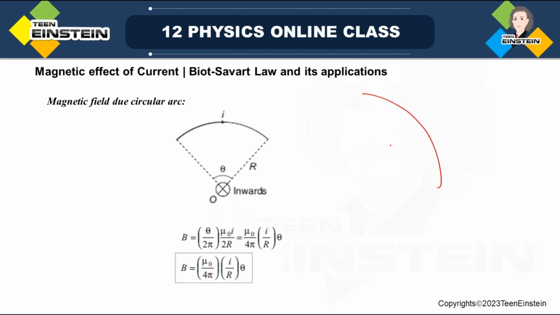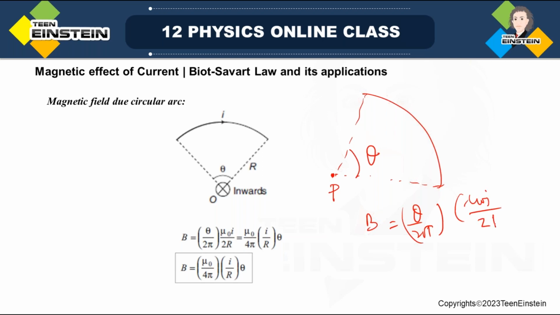Suppose I have a curve like this, and I have to find the magnetic field at some point P. I join the ends and get the angle between them. If it is theta, then the magnetic field can be obtained as theta by 2 pi times mu 0 I by 2r. So in general, this is for any arc. We'll apply it for a semicircle and a circle also.